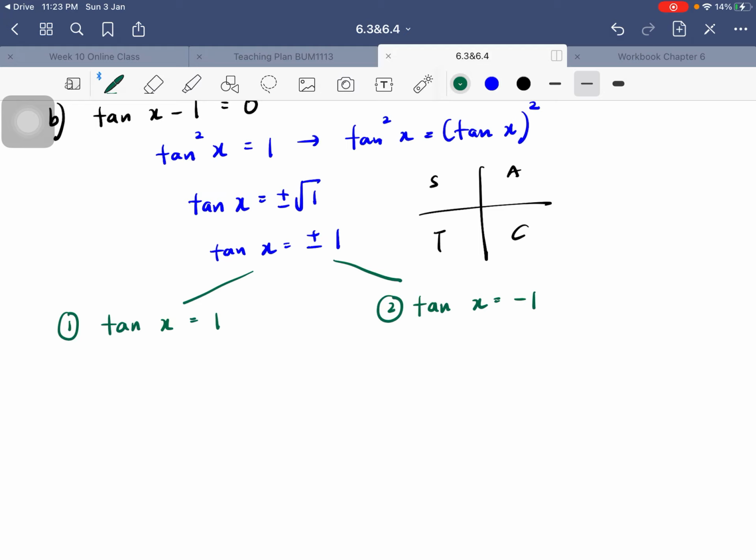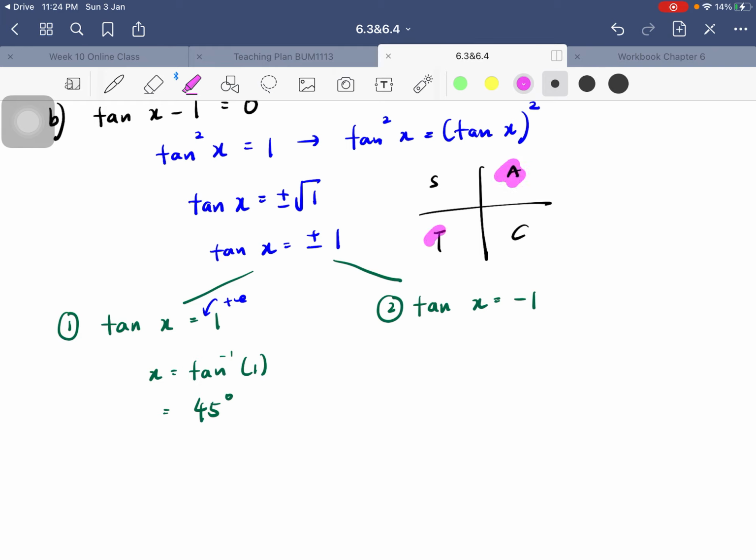So tangent x equals 1. I'm going to write that x equals tangent inverse of 1. Using my calculator, tangent inverse of 1 equals 45 degrees. So this is where the x position is going to be. This is where all the angles are positive, because here I have a positive tangent of 1. So where is my tangent going to be positive?